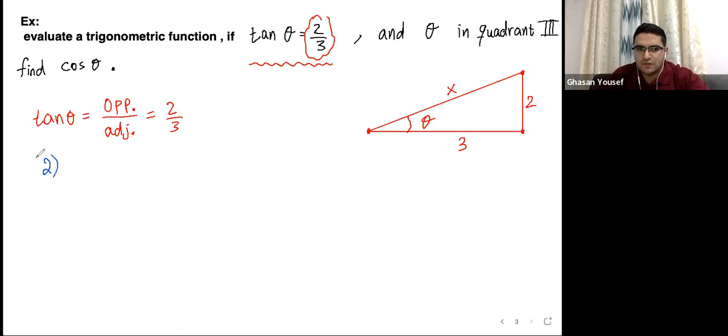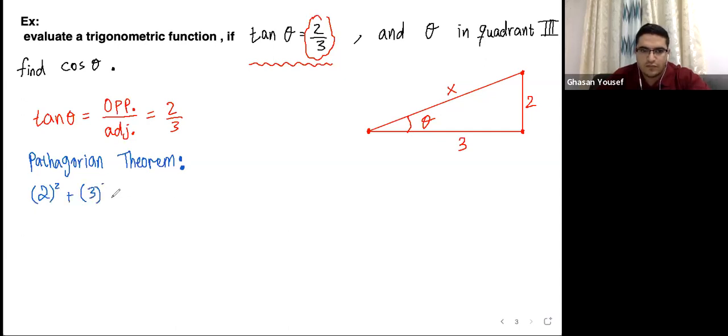So 2 squared plus 3 squared equals the hypotenuse squared, x squared.